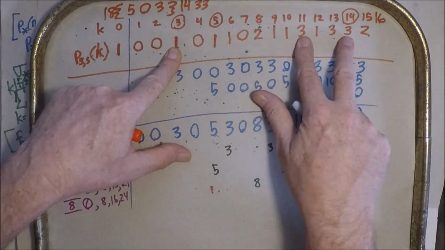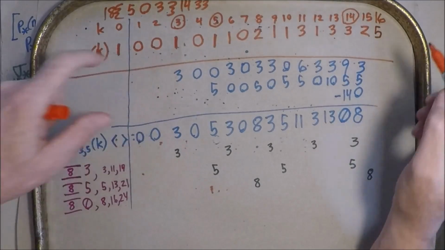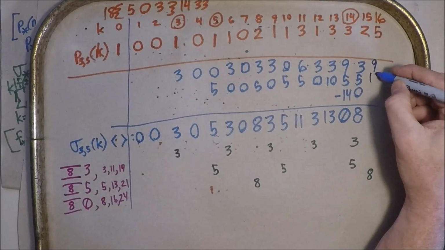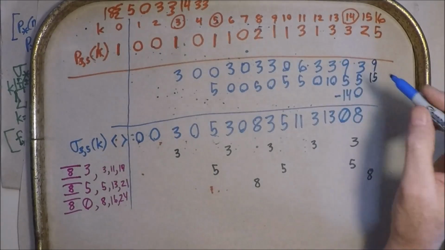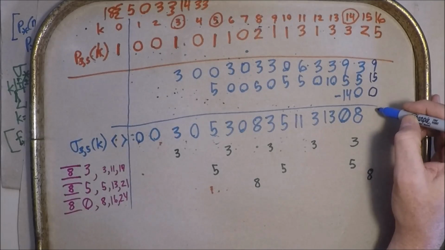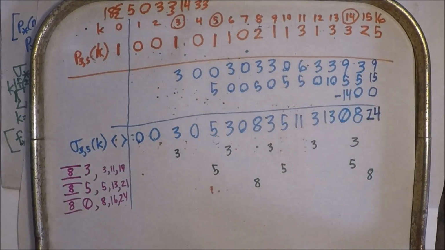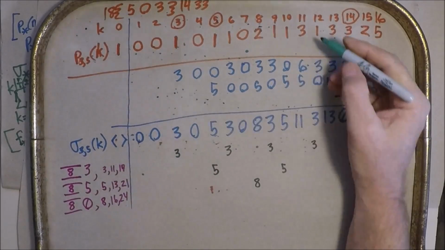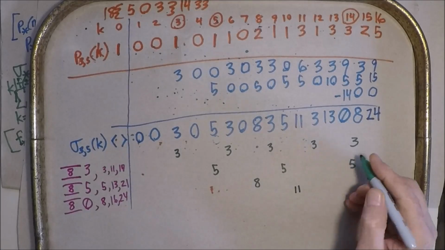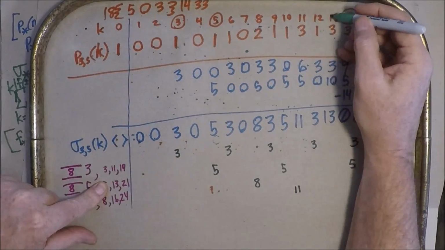Yes. So 6 minus 1 is 5. So we have 9 here. So this is 15. And for 14, it's going to be 0 again. So this is 24. So now we can do 11. We're going to have an 11 down here, but no 22. We're not there yet.